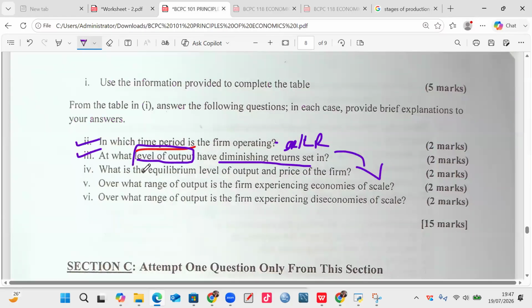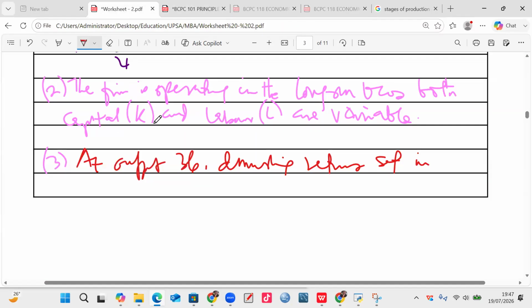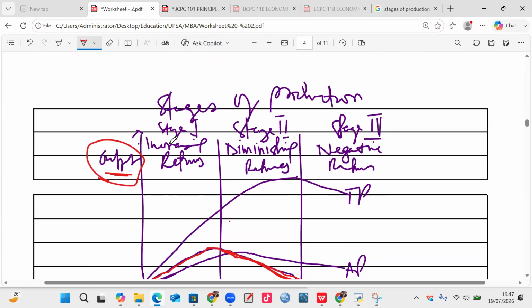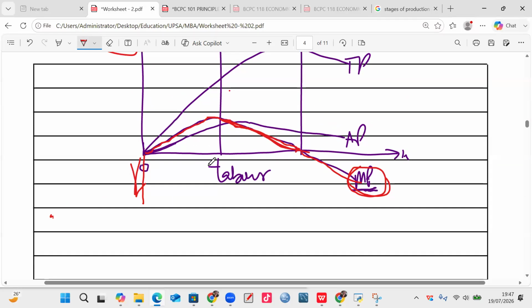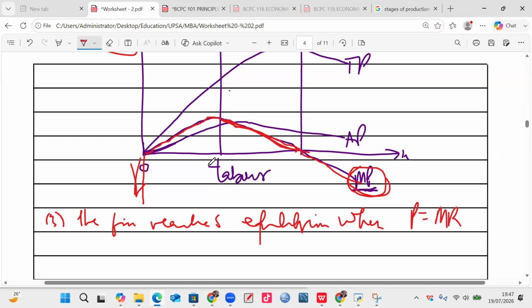Let's see number 4. What is the equilibrium level of output and price of the firm? Now, the firm reaches equilibrium when price equals MR, where the price and MR are the same.